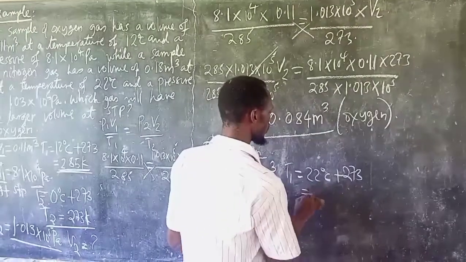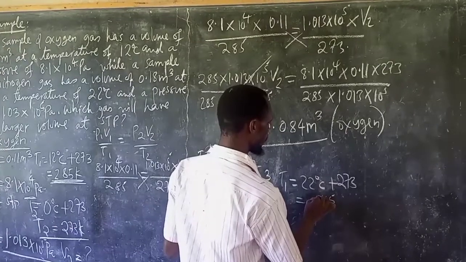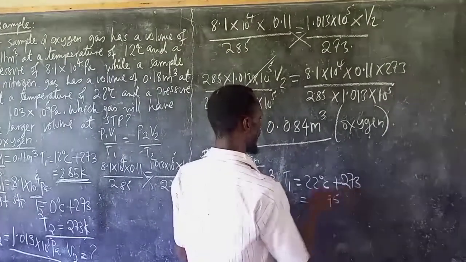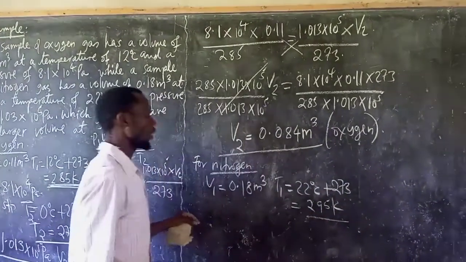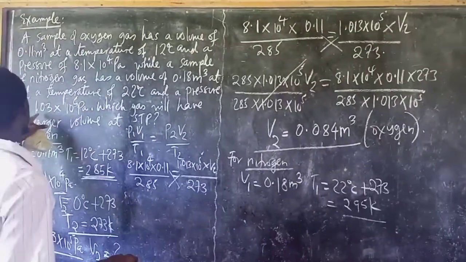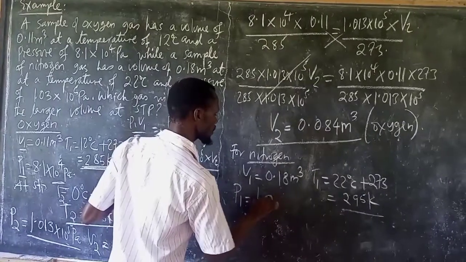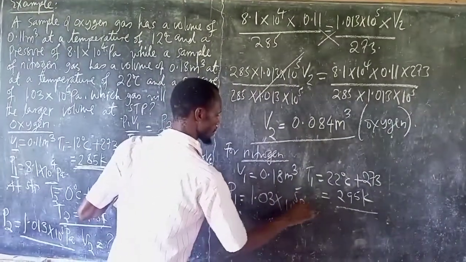Therefore, this is equal to 295 Kelvin. That is the first temperature. And the pressure is 1.03 times 10 raised to power 5 Pascal.